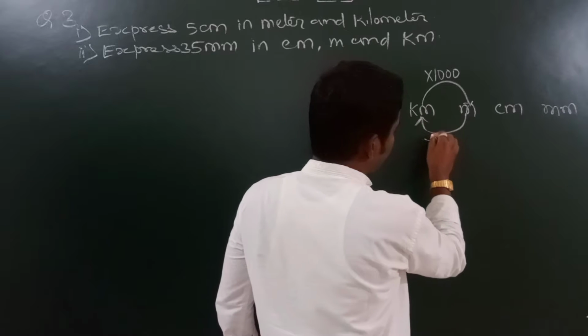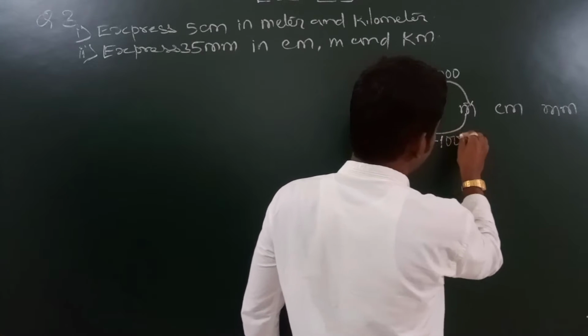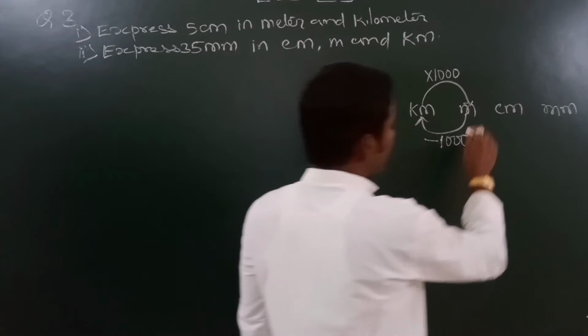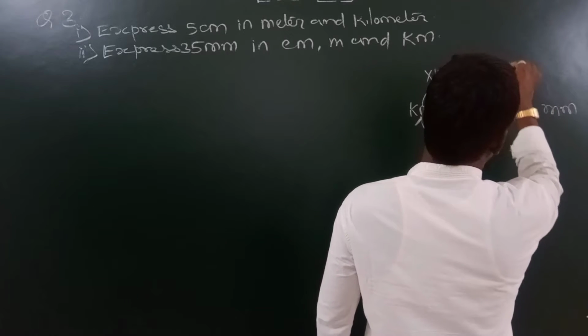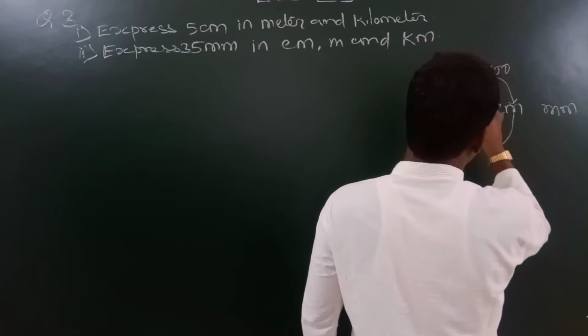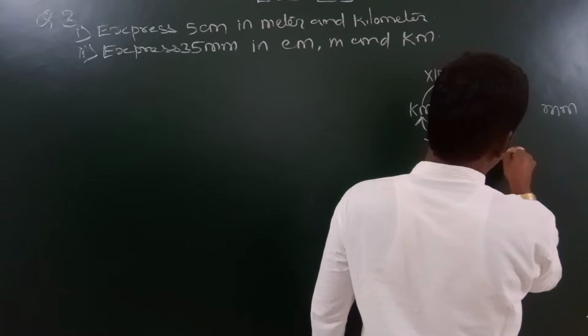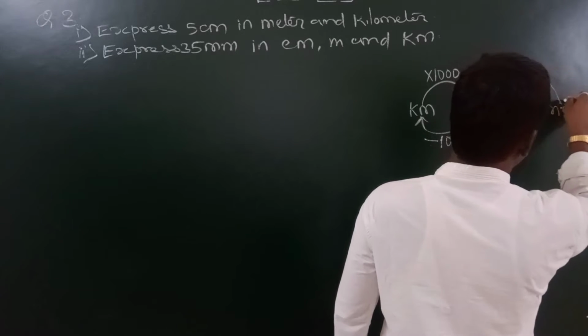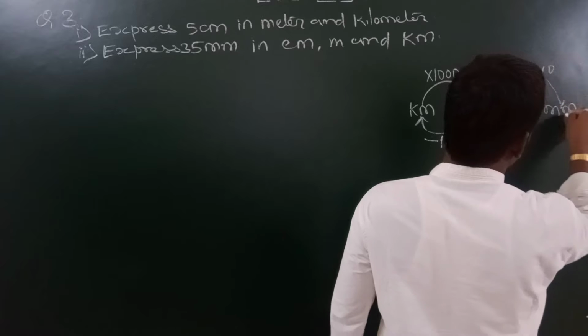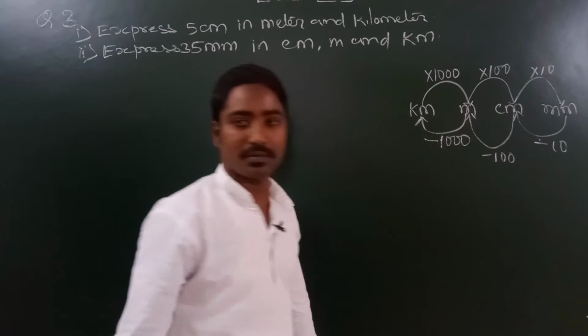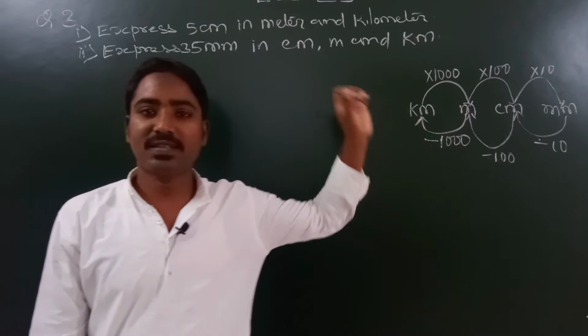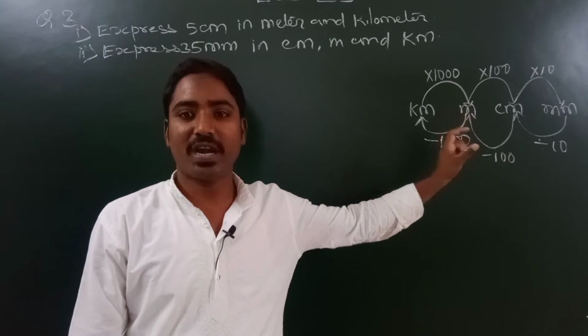Since the gap here is 1000, we will divide it by 1000. Similarly, from here to here it will be multiplied by 100, and from here to here it will be divided by 100. Similarly, from here to here it will be multiplied by 10, and from here to here divided by 10. So this was a very, very important chart, students.